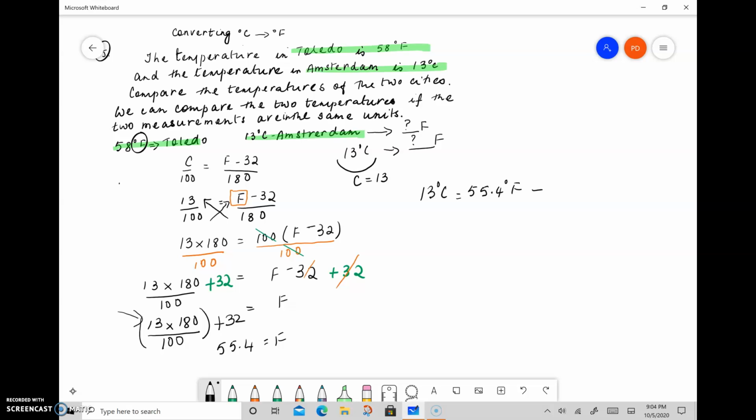Now remember, this is the temperature in Amsterdam, and the temperature in Toledo is 58 degrees Fahrenheit. So the temperature in Toledo is slightly warmer than the temperature in Amsterdam.